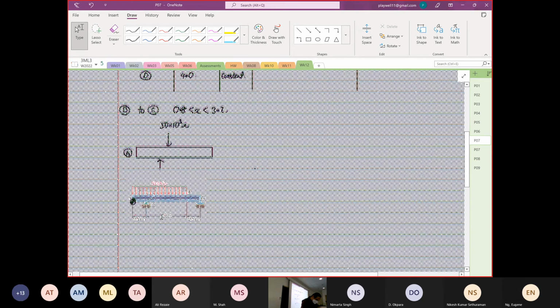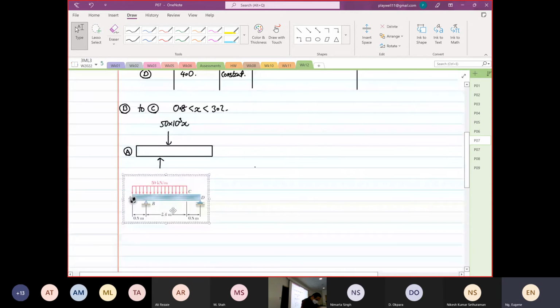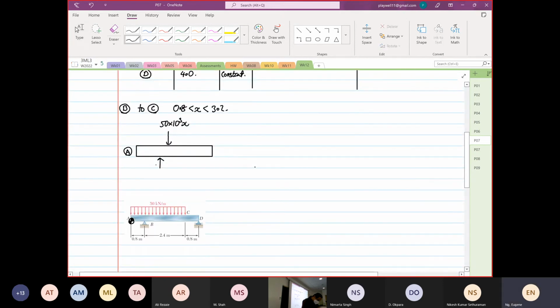Is it 120? Can't remember. Yeah, running at 120 times 10 to the power 3, right? And we know that we have a distance from here to here is 0.8. Okay. So we know the geometric datum is on the left-hand side.